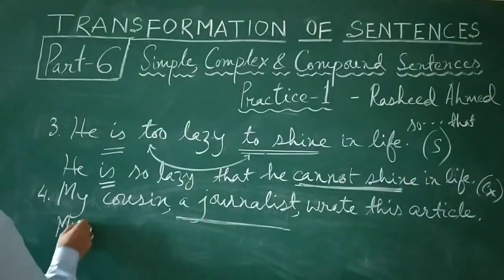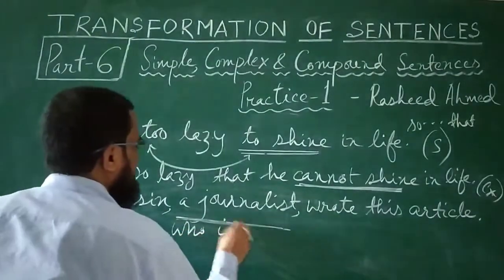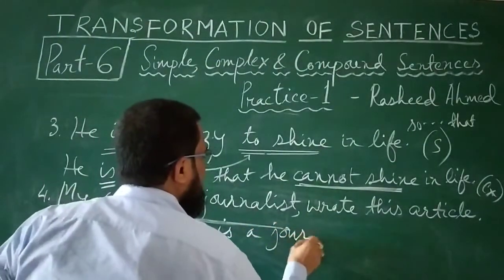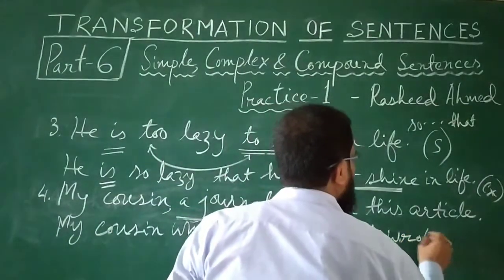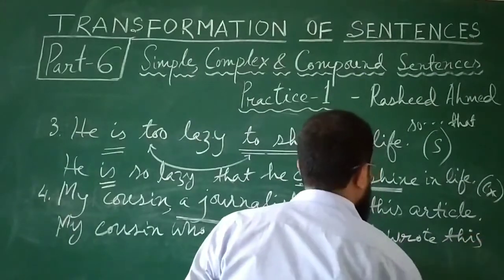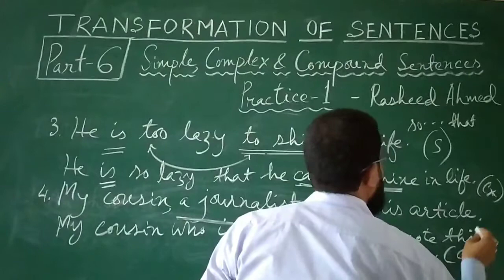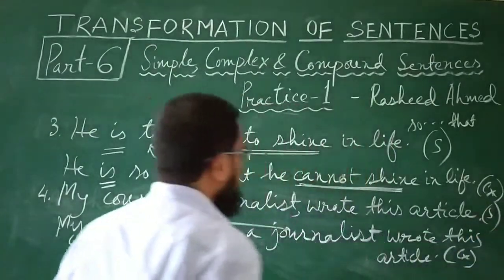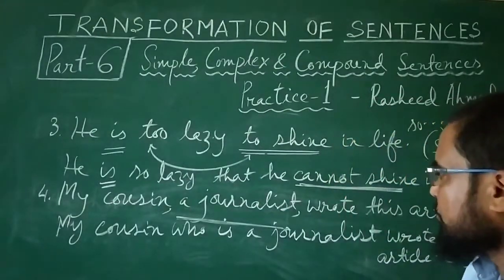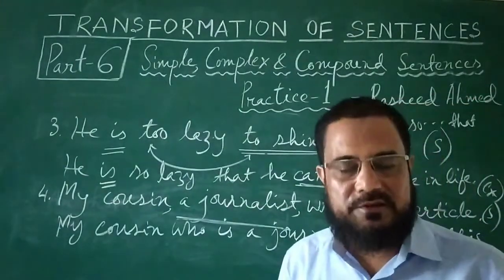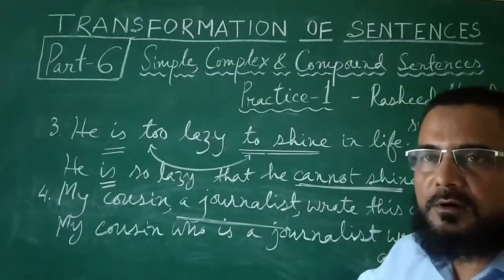My cousin, who is a journalist, wrote this article. This is complex. This is simple: my cousin, a journalist, wrote this article. And the complex sentence is my cousin, who is a journalist, wrote this article. So these are the 4 sentences where we have changed from simple to complex.